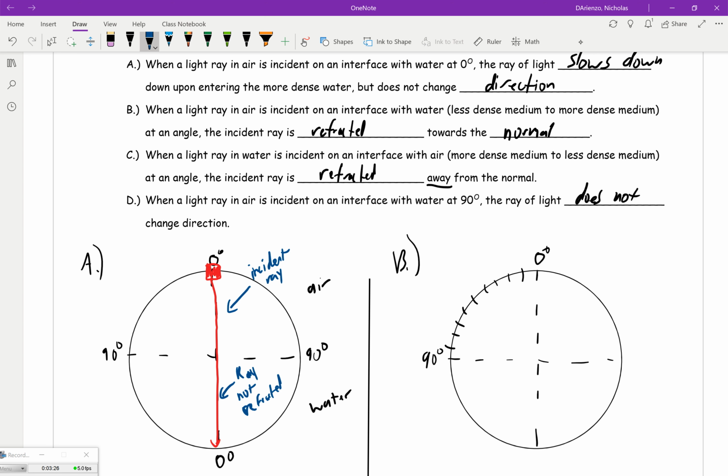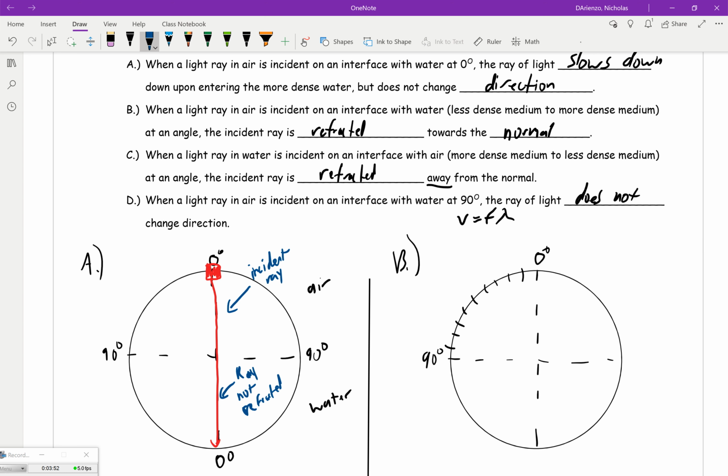And that's due to the 0 degree angle upon which that incident ray is moving from the air to the water. Now I'm going to highlight a couple variables here. And I want you to remember from our equation, velocity equals the frequency times the wavelength.